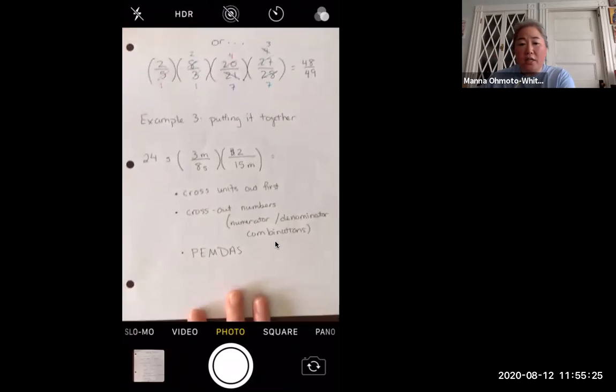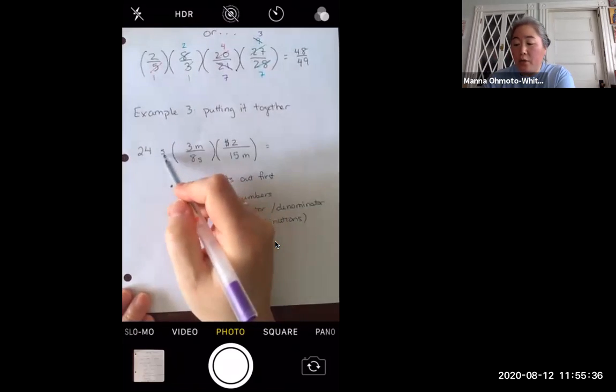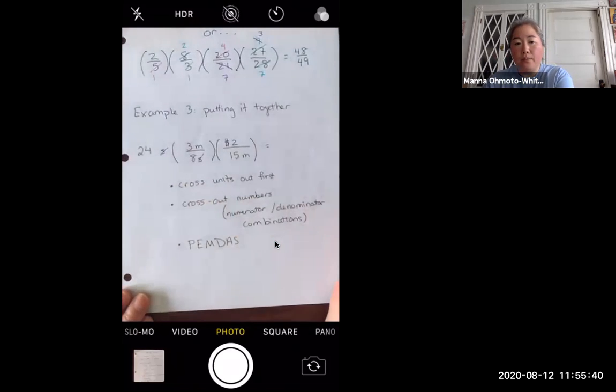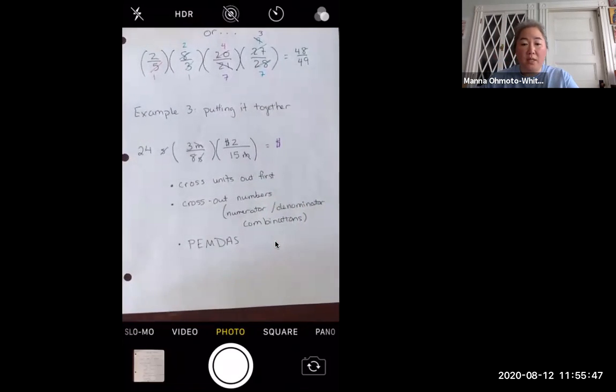So putting it all together, I can think about crossing out units and crossing out numbers. And so if I'm going to cross out my units, I will say, all right, I have numerator-denominator combinations. I can cross out my seconds, and I can cross out my meters. So all that I will be left with at my units will be dollars, and then I will find numbers to cross out.